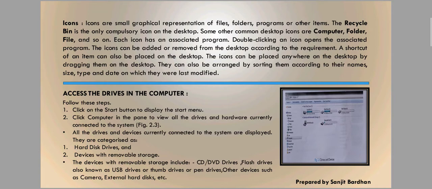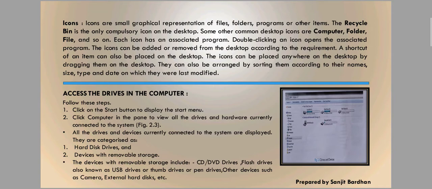The icon can be placed anywhere on the desktop by dragging it. They can also be arranged by sorting them according to their size, name, type, etc. That means we can easily customize our desktop. Okay, these are the main things of Windows basics: desktop, taskbar, icons.